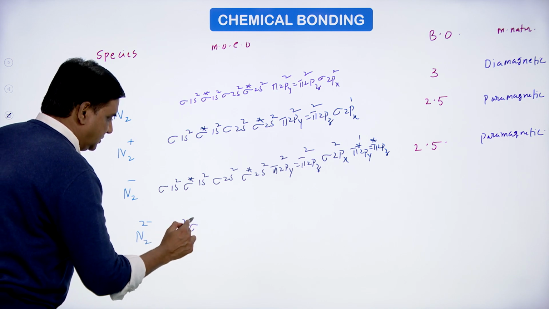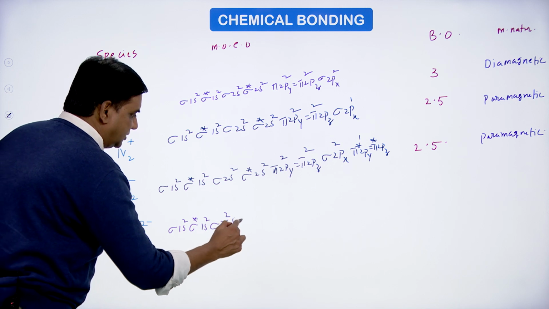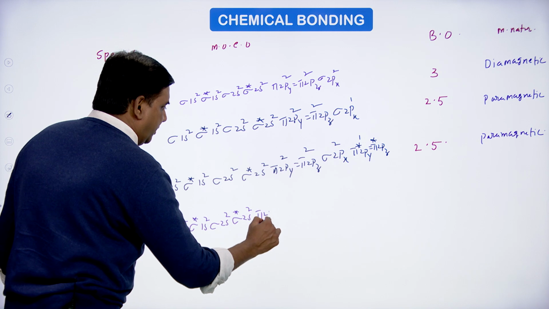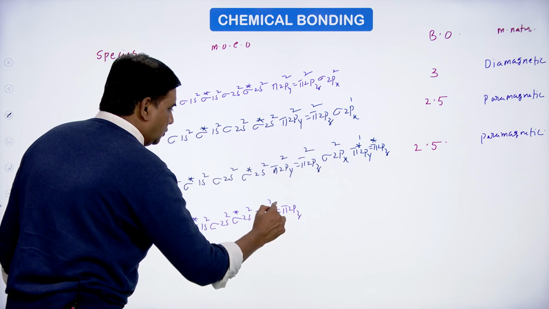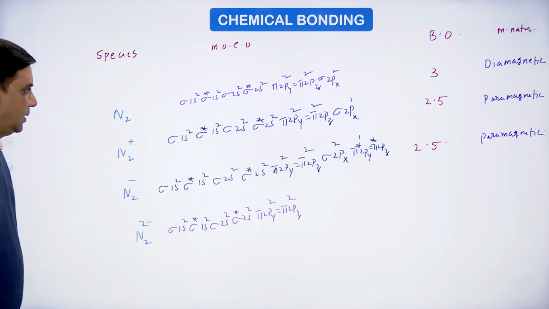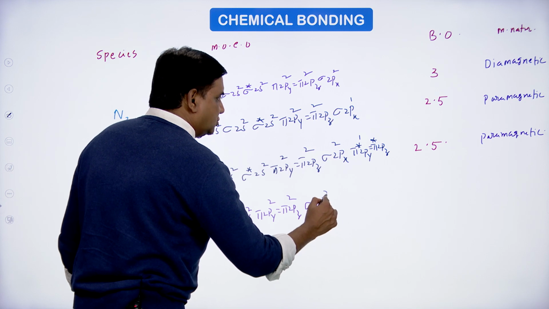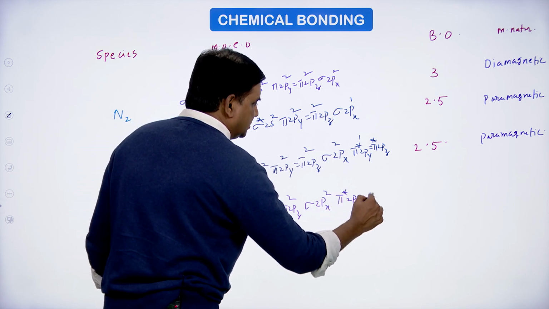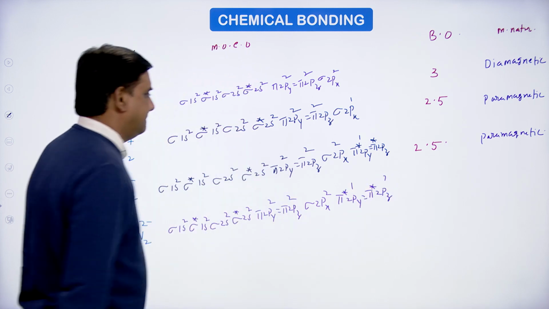Sigma 1s2, sigma star 1s2, sigma 2s2, sigma star 2s2, pi 2py is equal to pi 2pz, 2 each, and sigma 2px2 and pi star 2py is equal to pi star 2pz, 1 1.